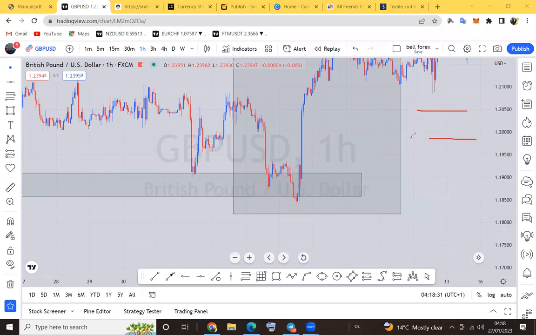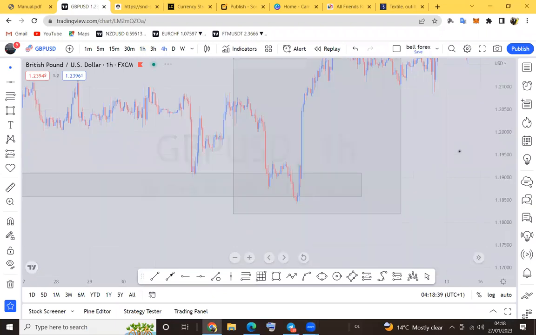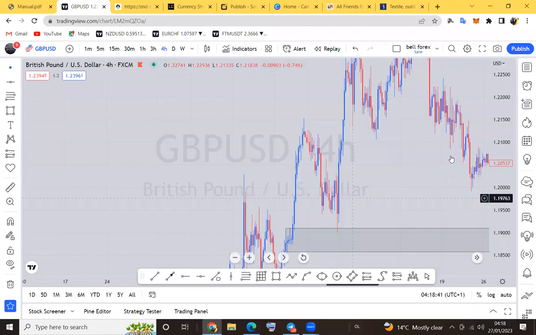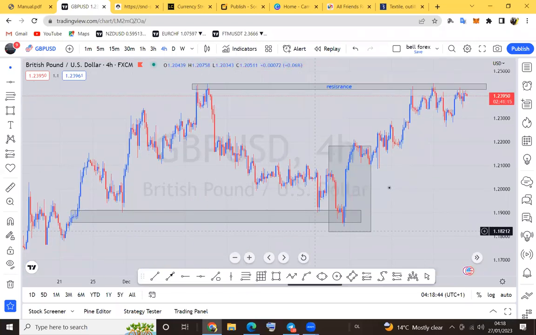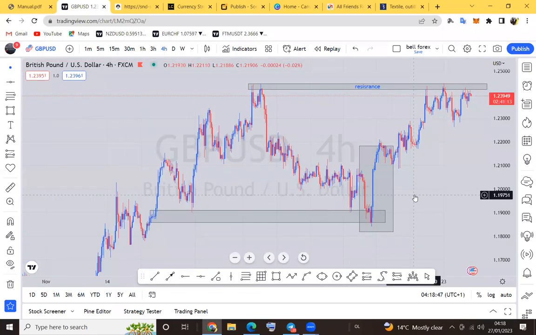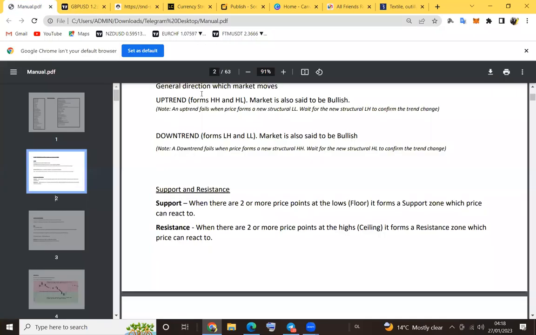That now could help you. So I was just trying to show you some structures on your chart and make you understand what a support is and what a resistance is, what a demand is and what a supply is. So we'll move to the next slide.